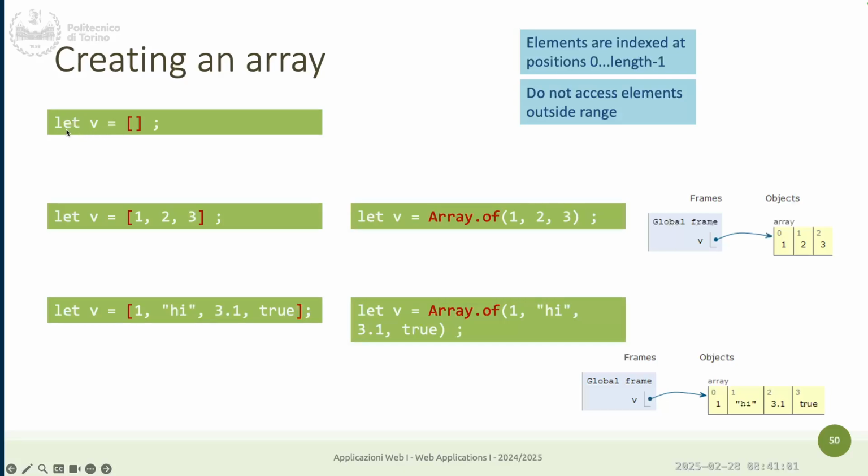Let v assumes that this variable v can be changed, is mutable, is not a const. Actually, if I declared this variable as a const, that would not prevent me from modifying the content of the array. Even if I add a const v, I could also add elements to the array.